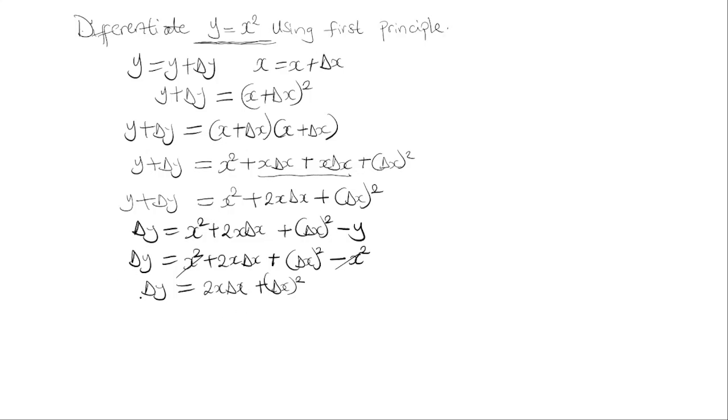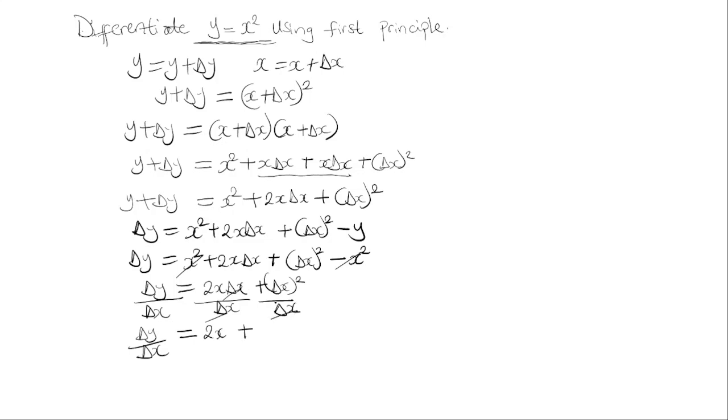If you are dividing all through by delta x, it means we have divided by delta x here, and here, and here. So dividing all through by delta x, we'll be having delta y over delta x is equal to, delta x we cancel here, we'll be left with 2x plus delta x squared over delta x.